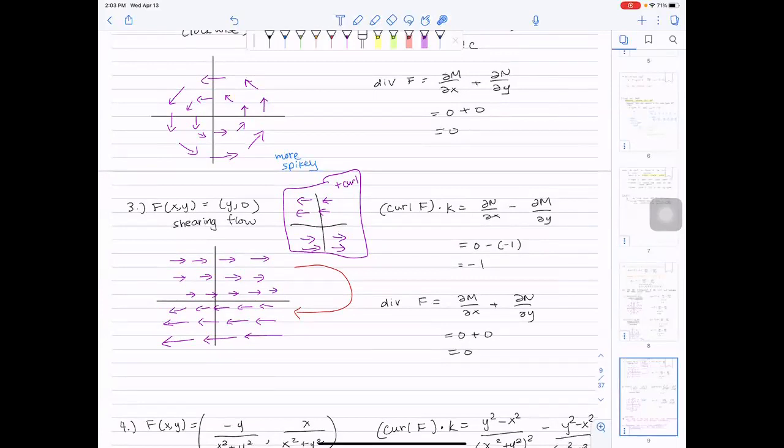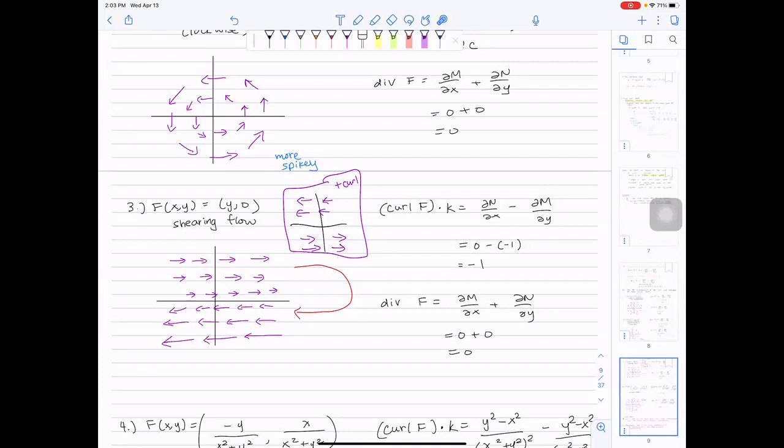So say you have some vector field, you computed the curl, and you got an output. The first component being 0 tells you that in the YZ plane you have no rotation, because curl is rotation.